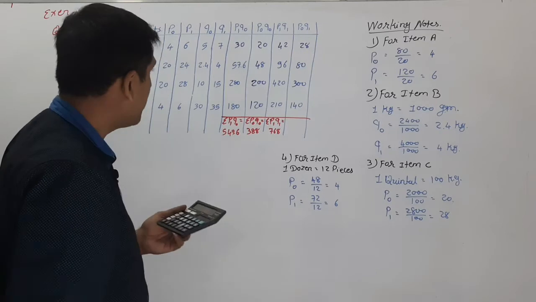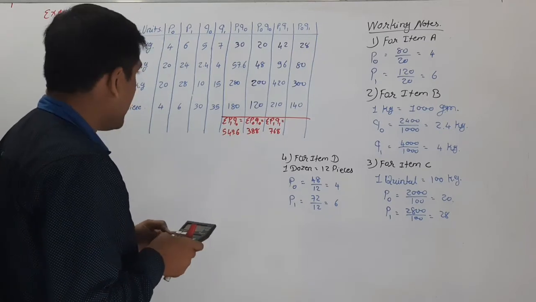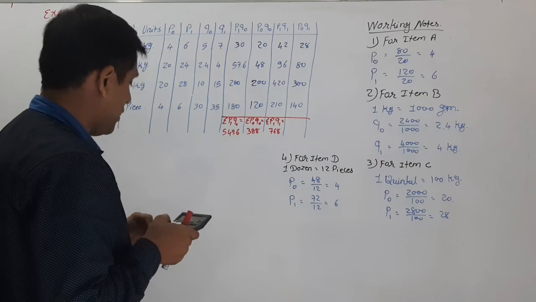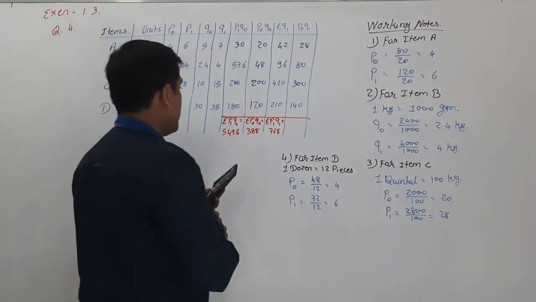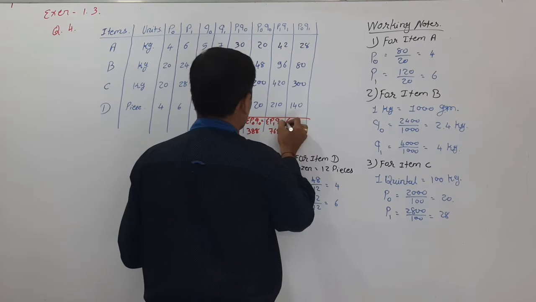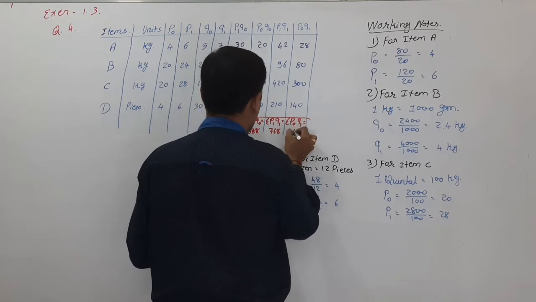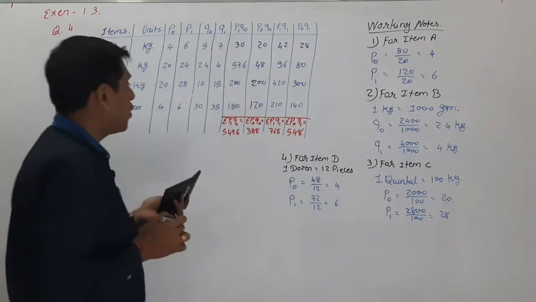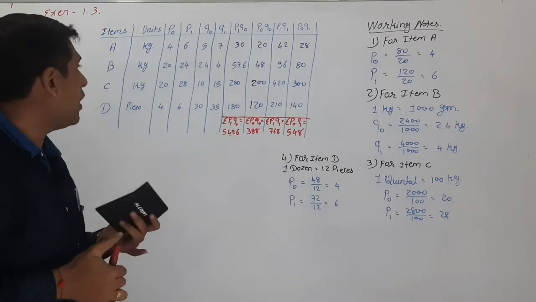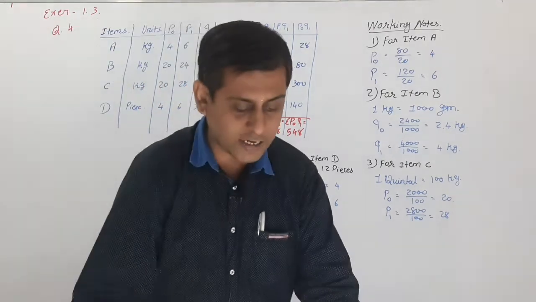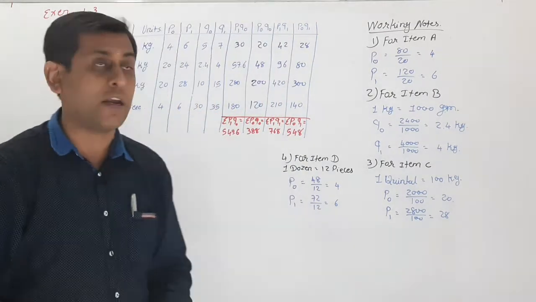Make the total: 28 plus 80 plus 300 plus 140. That is, sigma P0 Q1 is equal to 548. Okay. So here our calculation is over and we want the Laspeyres, Paasche and Fisher index numbers.